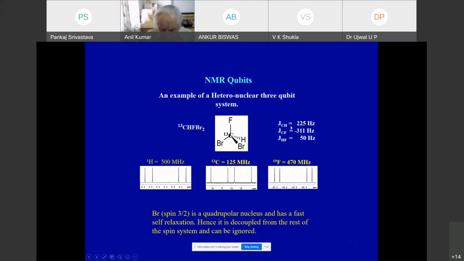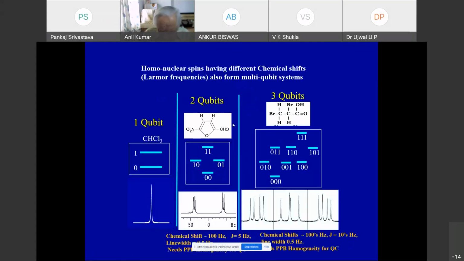And they have very large couplings, 200 hertz, 300 hertz, 50 hertz. The advantage of large coupling is that the gate time is inverse to the coupling. The larger the coupling, the smaller the gate time, or the smaller the coupling, the larger the gate time. And of course, we would like to have as small a gate time as possible because we have to apply a lot of gates within one single coherence. Okay, so this is a very favorable molecule that many people have used, especially in our group.